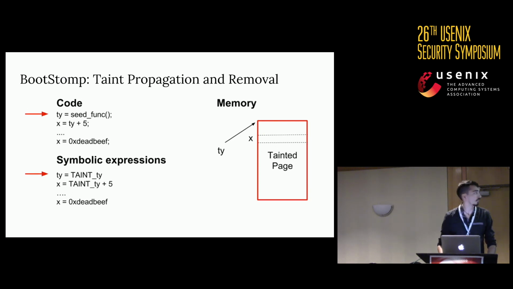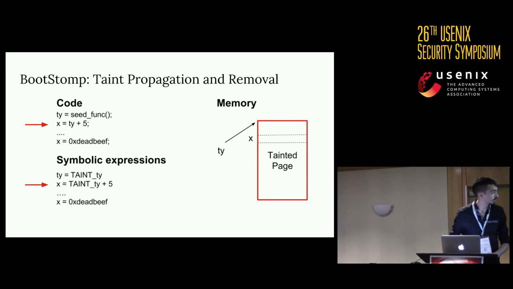This func will return a value which gets assigned to a variable called ty. This, in a symbolic world, means that the symbolic variable ty takes a freshly created symbolic variable called taint ty. Let's assume that after that, another variable x takes the value ty plus 5. This, in a symbolic world, means that the variable x takes taint ty plus 5.